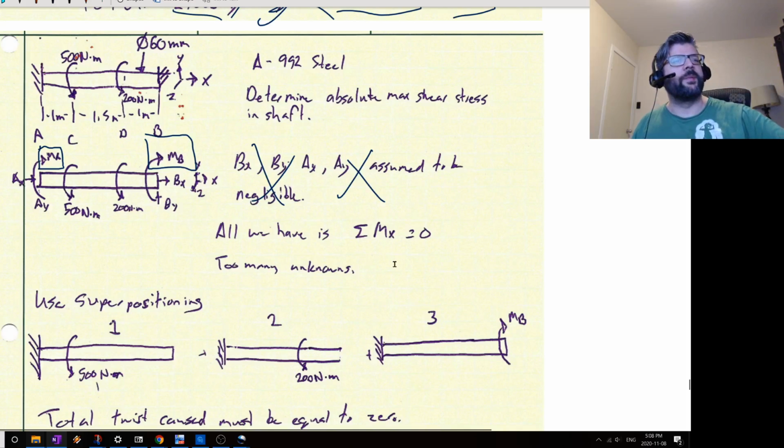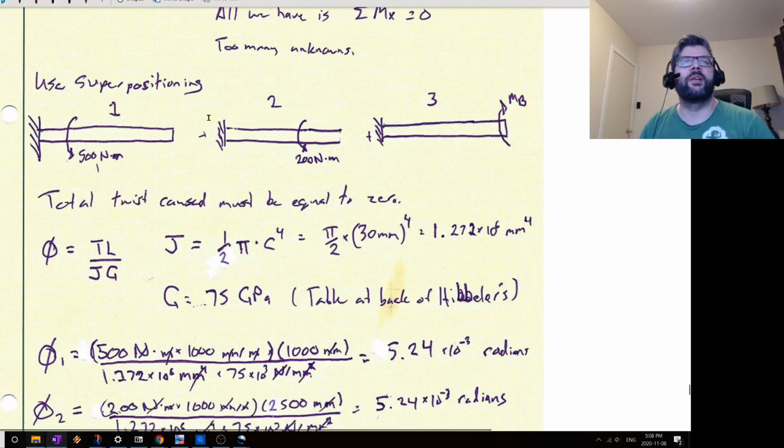So what we can do is use the principle of superposition. Basically, we treat it as if it were a single bar, the same bar, but we had 3 separate loads attached to it.